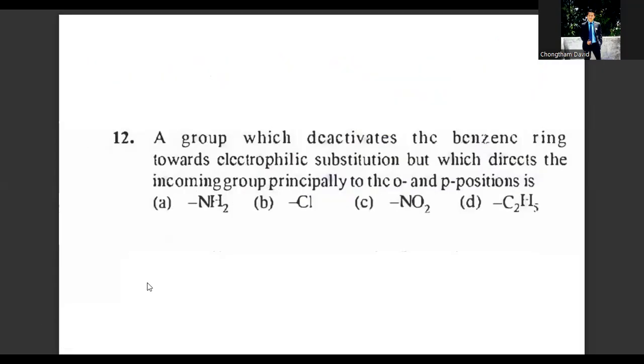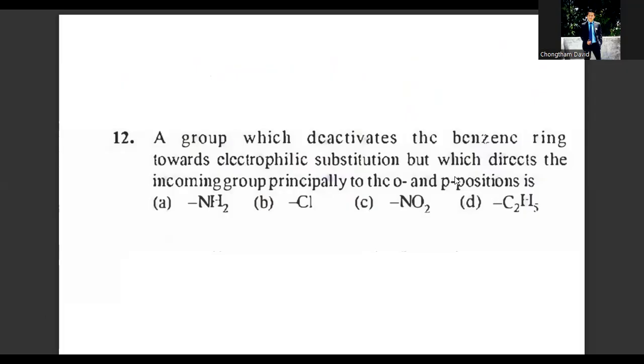A group which deactivates the benzene ring towards electrophilic substitution, but that which directs the incoming group principally to the ortho and para position is. Remember, chloro is ortho-para directing in nature due to the positive resonance, plus R effect. However, it is deactivating due to strong minus inductive effect.